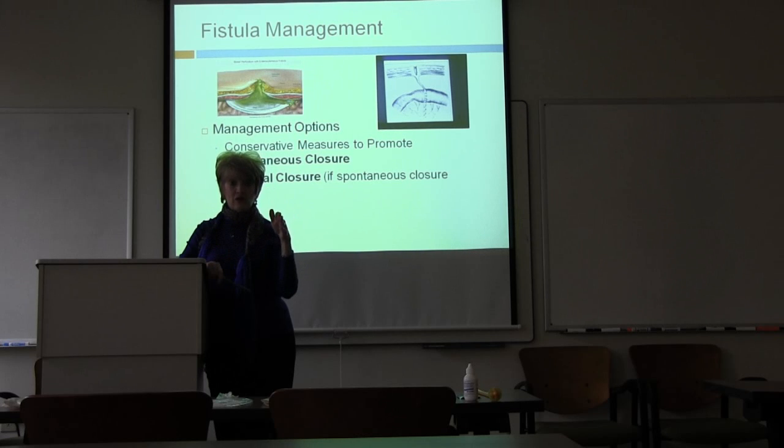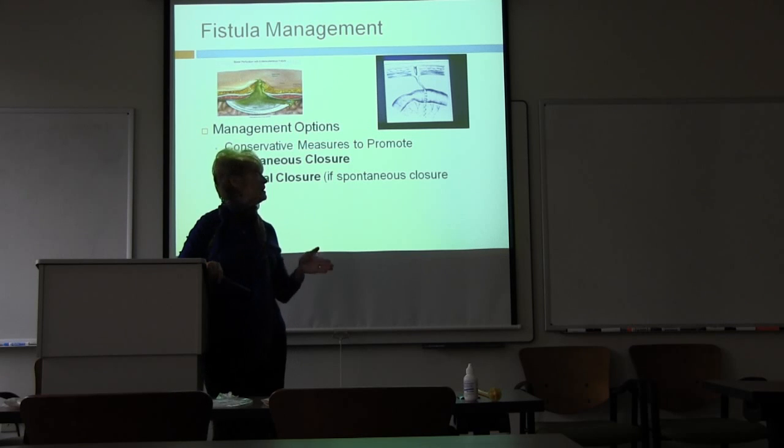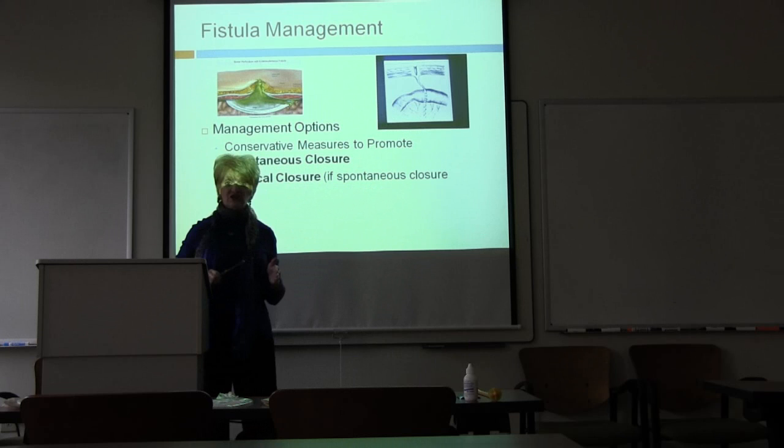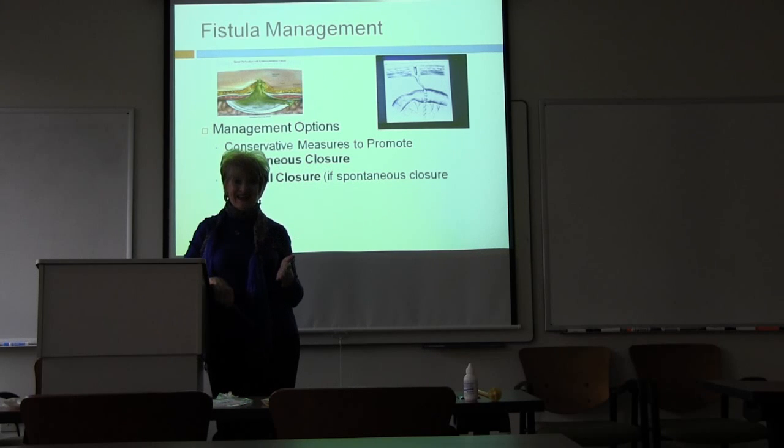So the side of the bowel attached to the mesentery is known as the mesenteric border. The side of the bowel that is not attached to the mesentery is known as the anti-mesenteric border. Most of the time, as you can see in this slide, fistula development involves the anti-mesenteric border because the mesenteric border is very well supported by the mesentery.